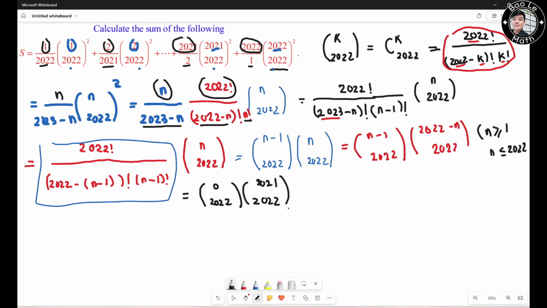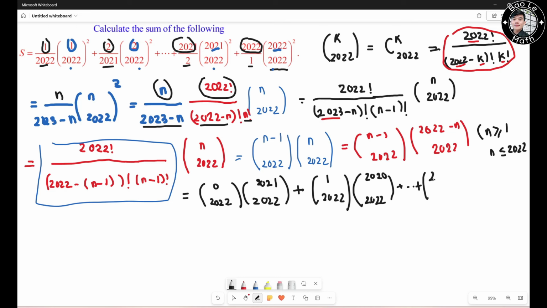If n equals 2, it could be plus C(1, 2022) times C(2020, 2022), plus etc. Then n equals 2021, so substitute over here.